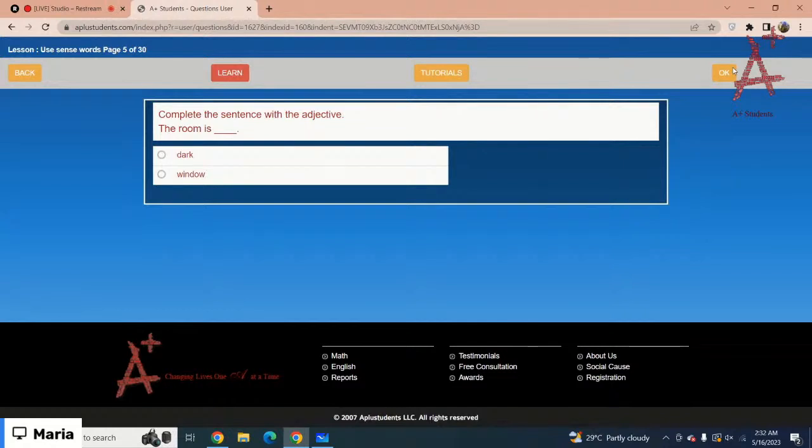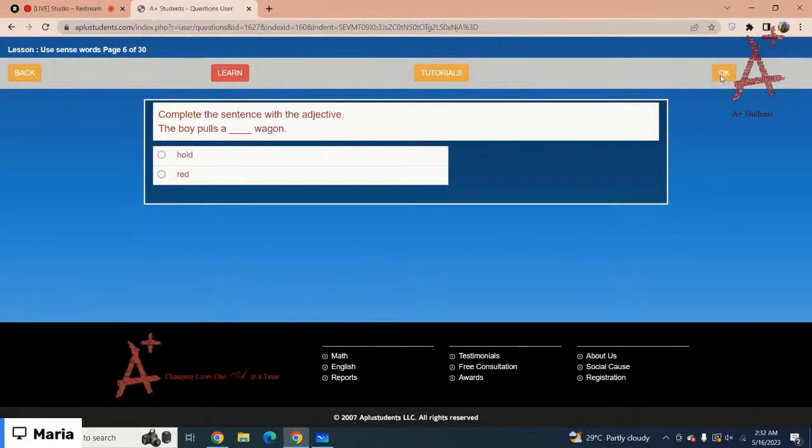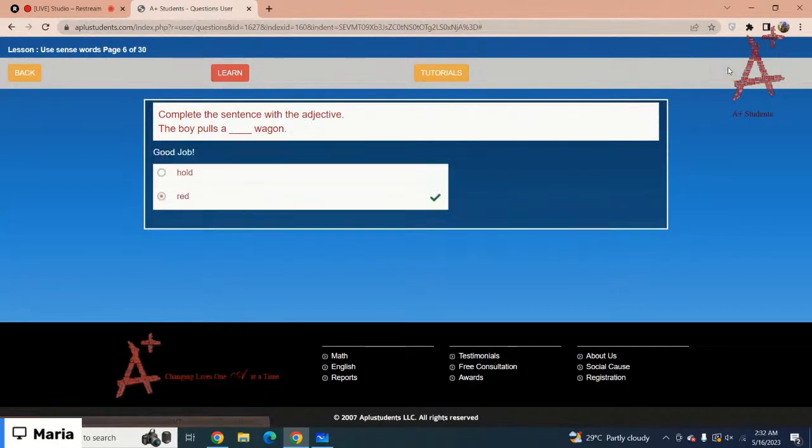The room is dark. The correct option is dark. The boy pulls a dash wagon. Hold or red, which is the correct option? The boy pulls a red wagon. The correct option is red.